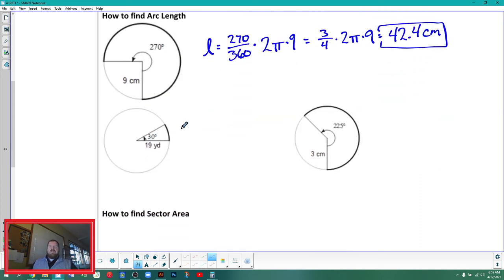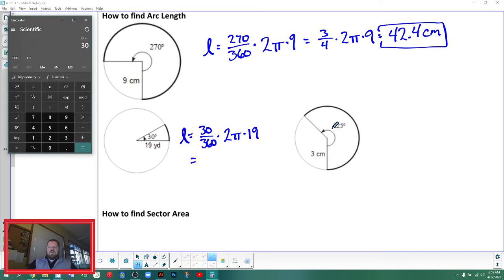For this one, we have 30 degrees as a central angle. So we're going to have 30 over 360, which would reduce, but I'm not going to stress out about that too much. Times 2 times pi times 19. If you want to, you can just go 30 over 360.